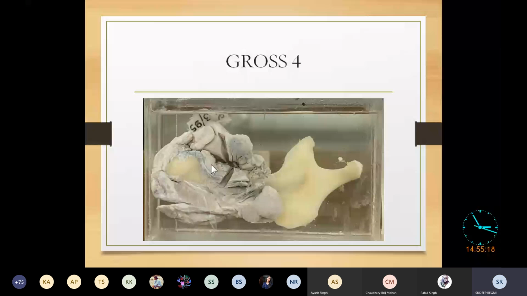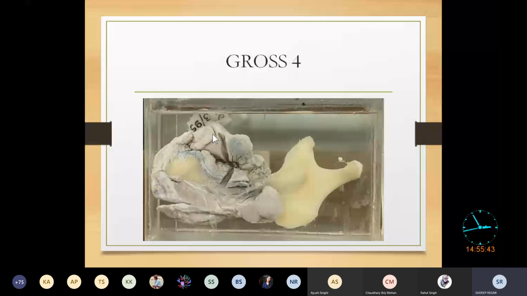This will be much more apparent when you see the original gross specimen. I hope you have seen this in the practical hall. Yes, all of you have seen this? Yes, sir. Very good.